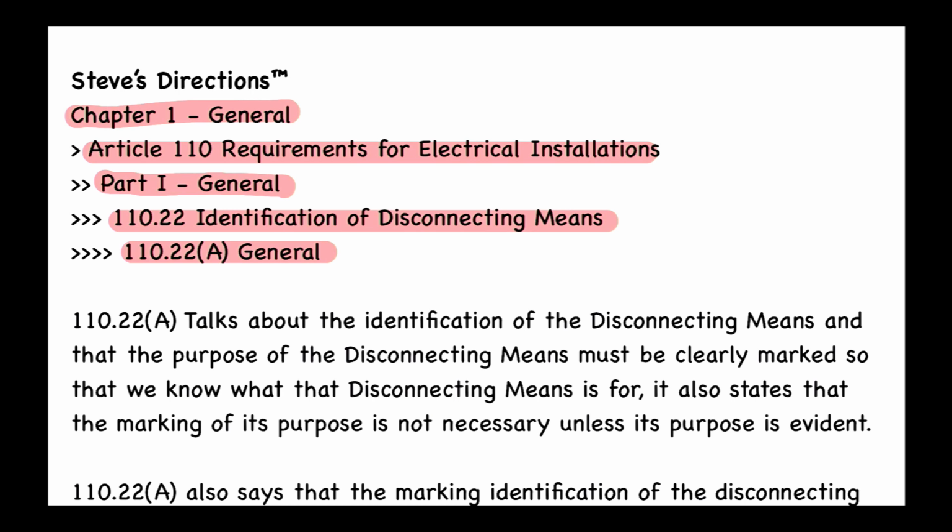So let me stop there for a second. Let's say you see a disconnecting means right next to a motor, and you see the whip coming out of the disconnecting means going into the motor. That's a pretty clear sign of what that disconnecting means is for. All right, so let's continue.